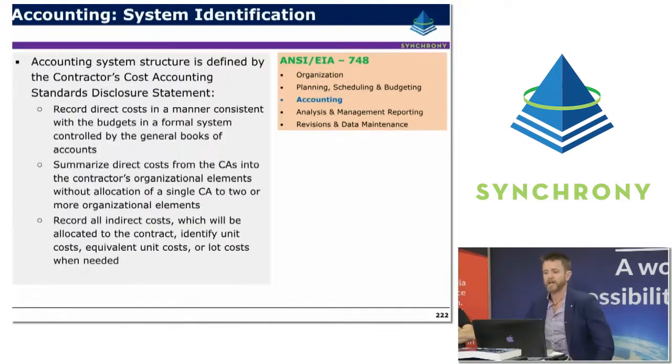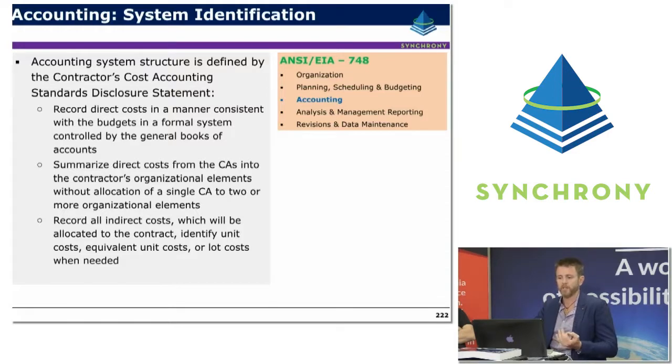As far as system identification is concerned, the accounting system structure is typically defined by the contractor's cost accounting standards or disclosure statement. So it's about recording direct costs in a manner that's consistent with where the budgets are allocated, in a formal system controlled by the general books of accounts.